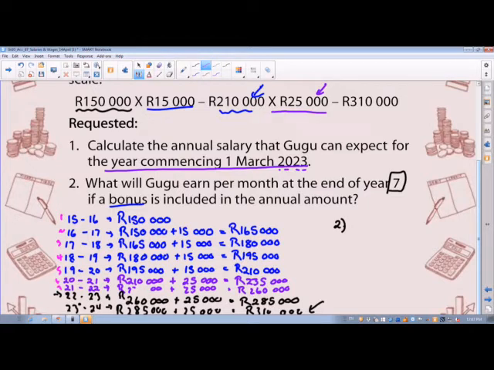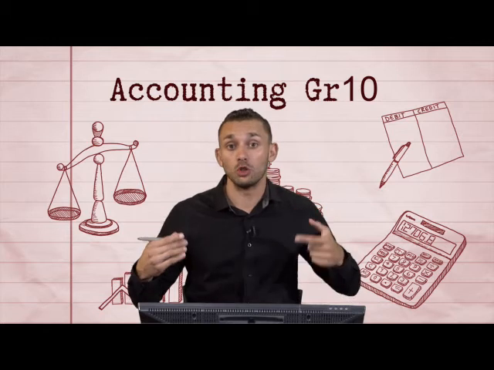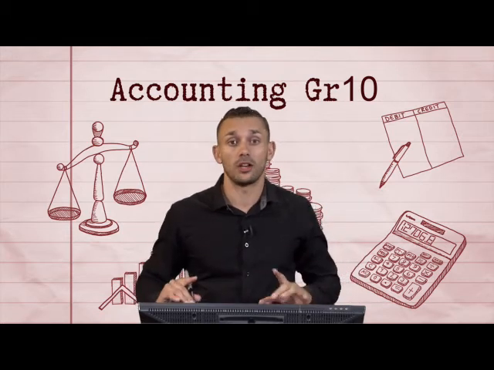So I have to take 260,000, divide by how many months? 12 plus 1 for the bonus. And then you will see that for a normal month, she will earn 20,000 Rand, but 1 month she will earn double that, because she will get a bonus. Now guys, I hope you understand the salary scale and that you'll be able to do it in great detail and answer all questions about it.